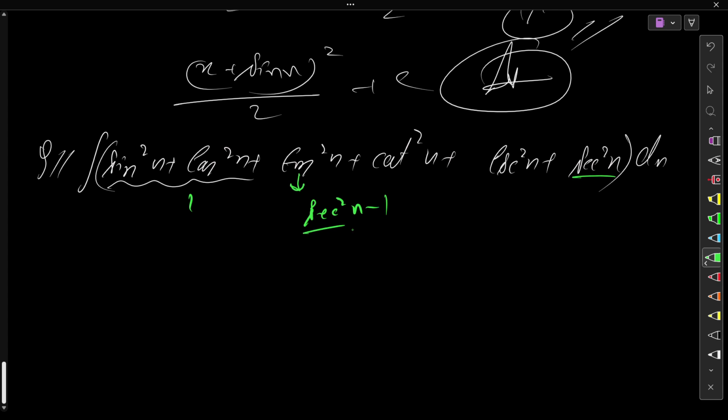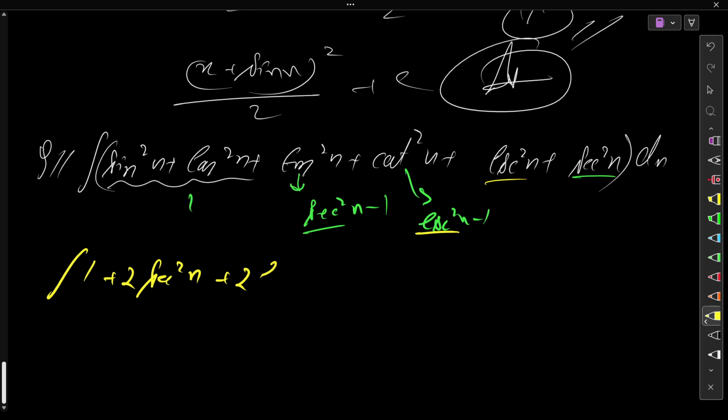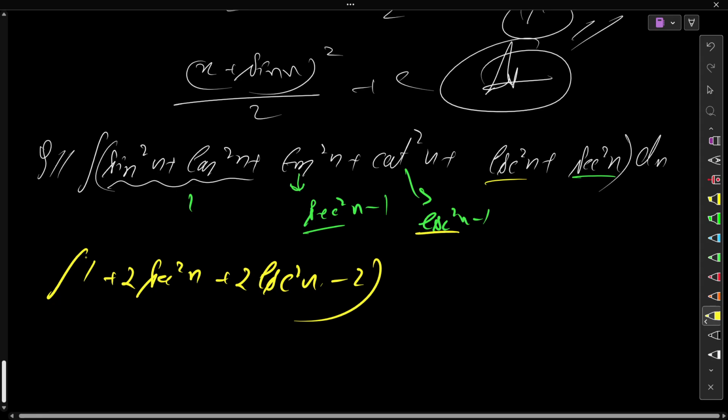So this will get added up, and cot square x could be written as cosecant square x minus 1. So this and this will get added up. So finally we are left with 1 plus 2 secant square x plus 2 cosecant square x minus 2 dx.